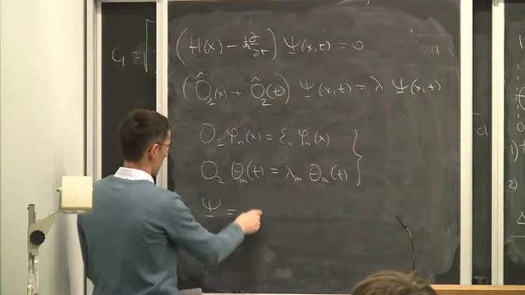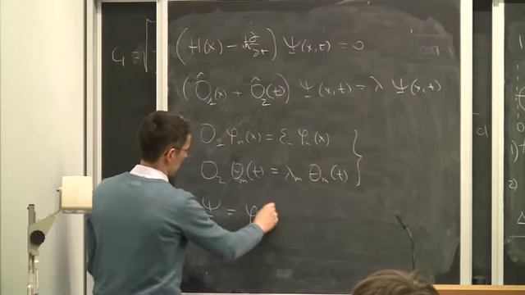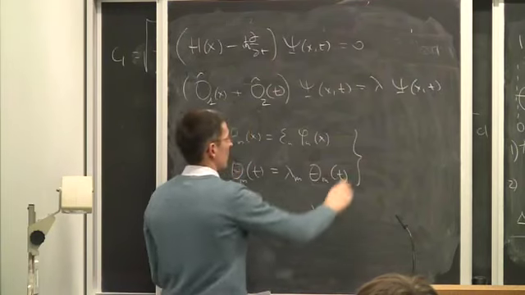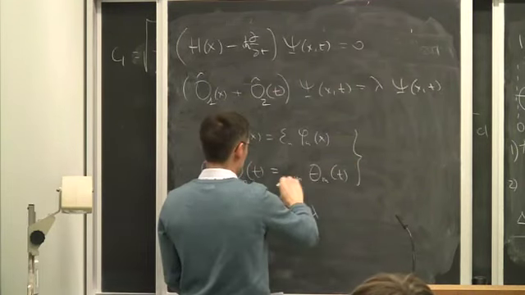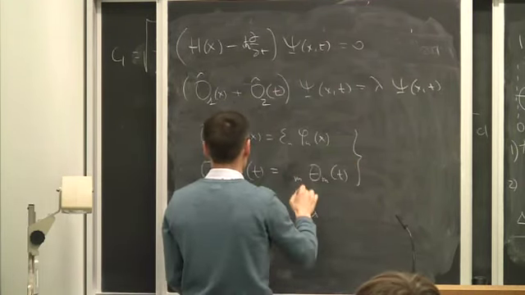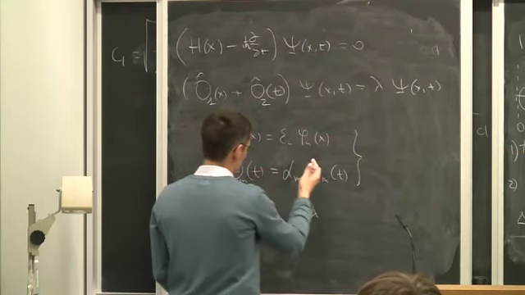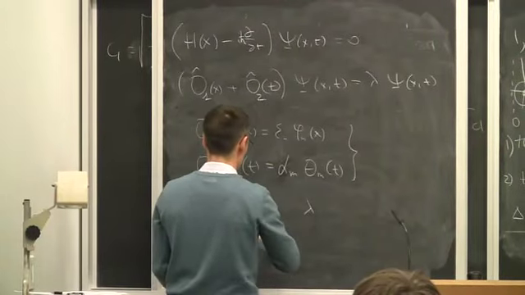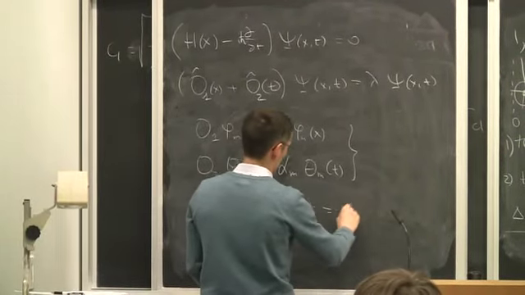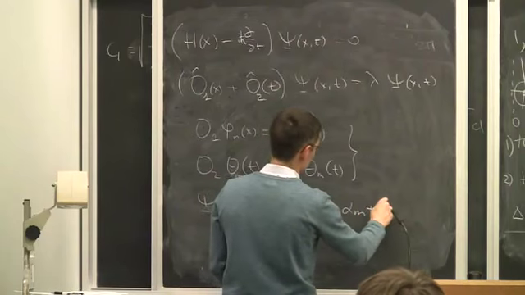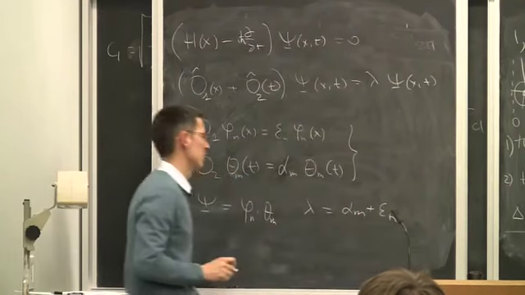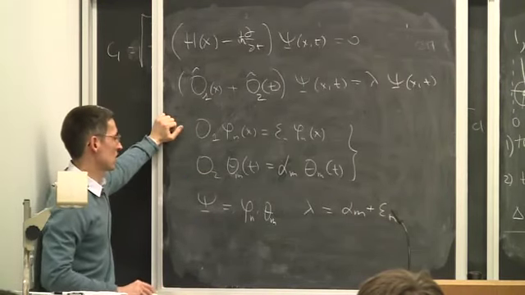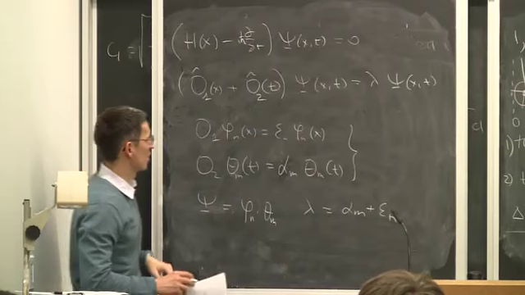The psi, the wave function, is essentially a product, and the eigenvalue in this case is just a sum of eigenvalues, right? So there is this simple relation that you can check, and we used that already.